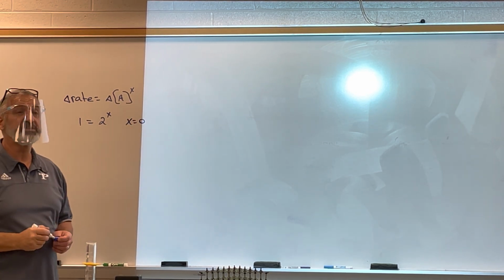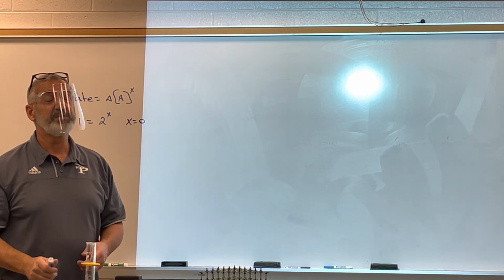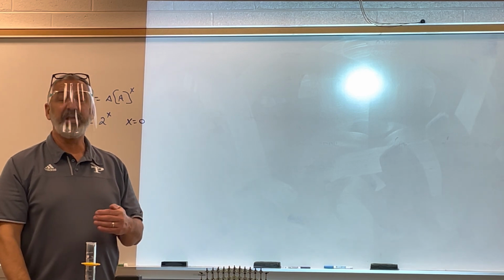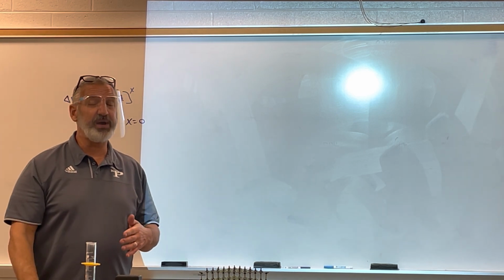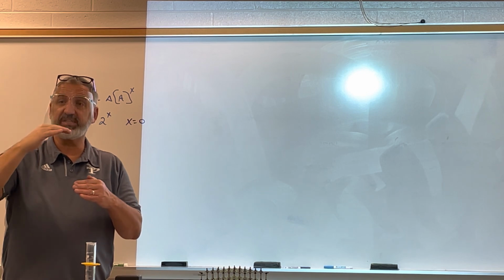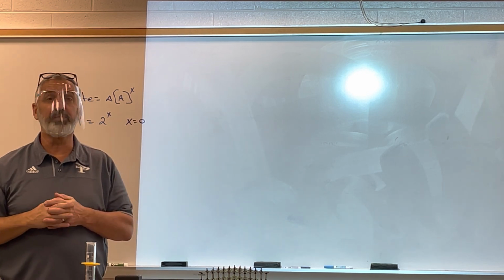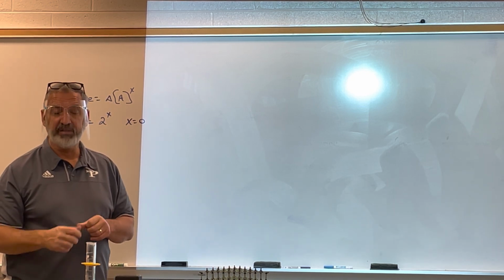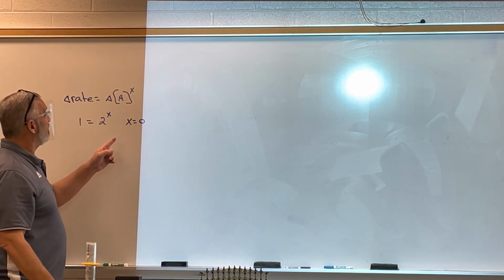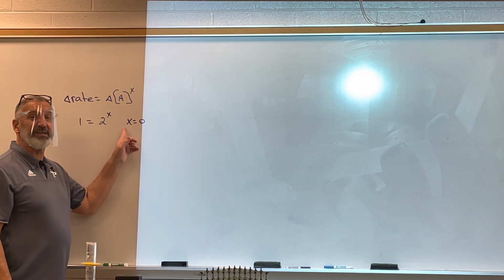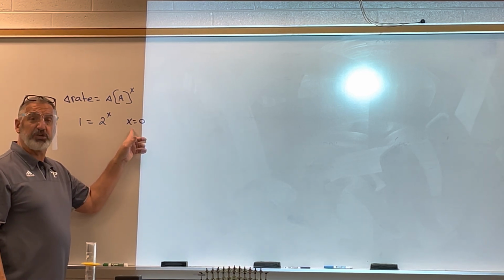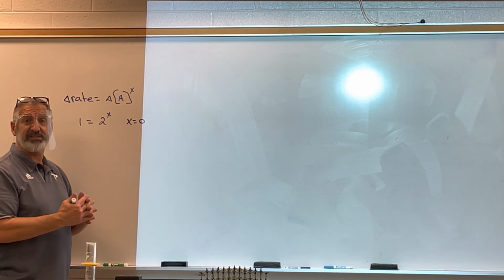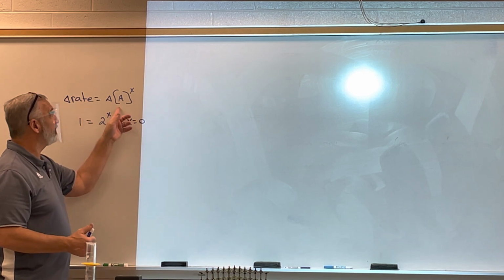Sometimes you can have what's called a zero order reaction with respect to a particular reactant. Now, later on in the unit, we're going to talk about reaction mechanisms, and there's going to be different steps. And we're going to have a thing called the rate determining step. That's going to be your slow step. If you have a reactant that is not involved in that rate determining step, it's there as part of the reaction, but it's not going to have any effect on the rate at all.